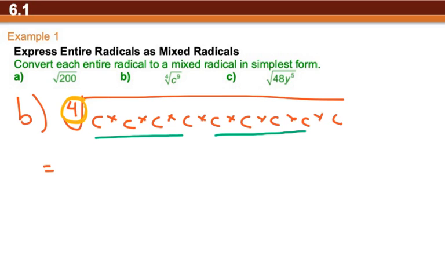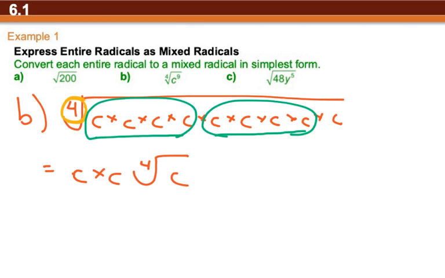Those we could break out as separate radicals, or we could just skip ahead and know that this group of C's we can take out, and we'll have a C. This other group of C's we can take out and have a second C. And we had one C that we couldn't group off, so we will have the 4th root of C from that one. So where did these come from? That C came from here, that C came from here, and that C came from here.